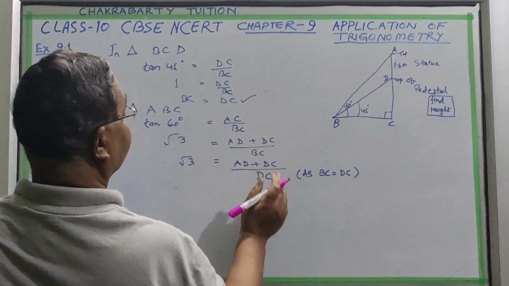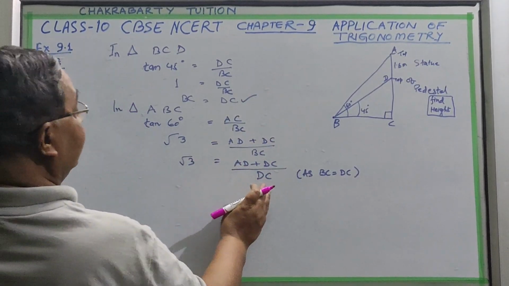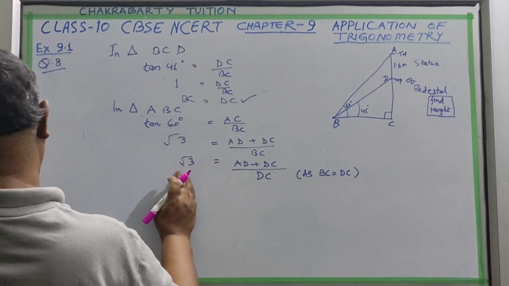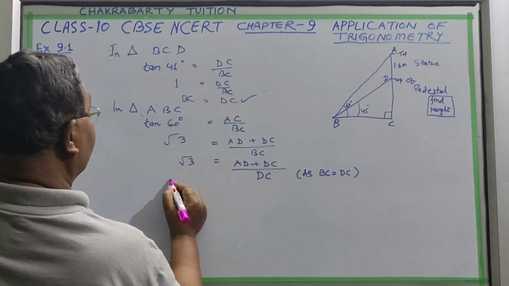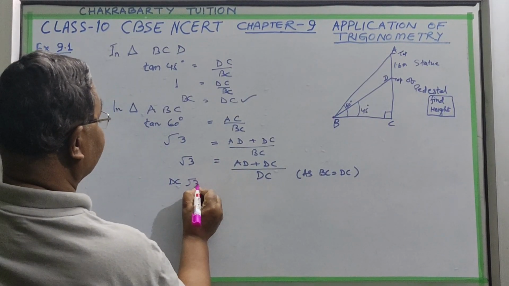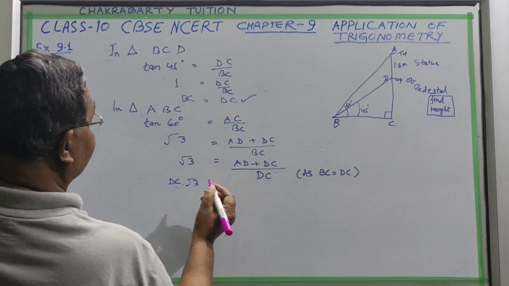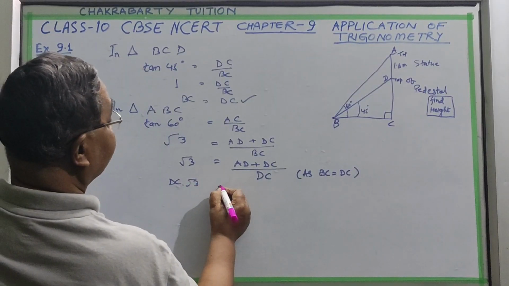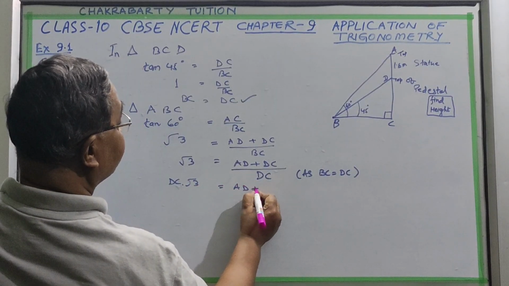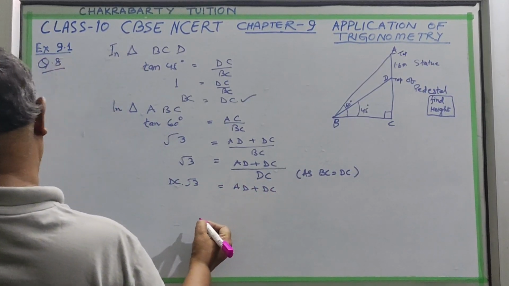This you have proved. Now this DC we can take to this side. So DC under root 3, multiplication sign of course is here, is equal to AD plus DC.